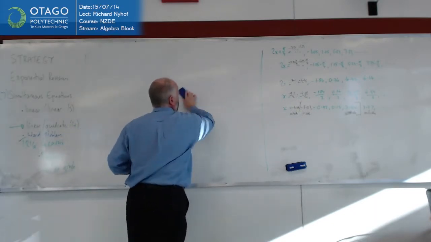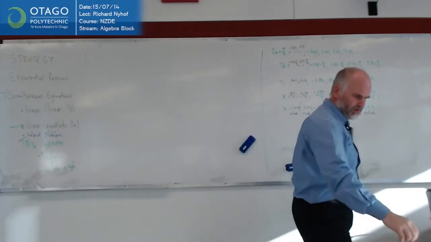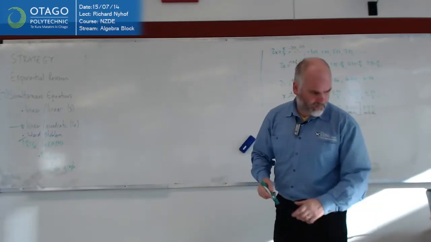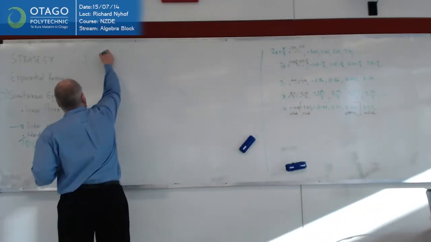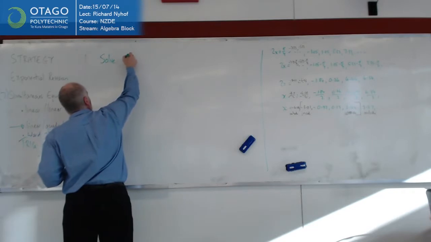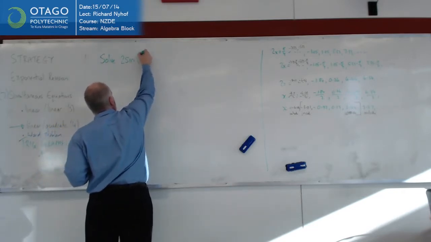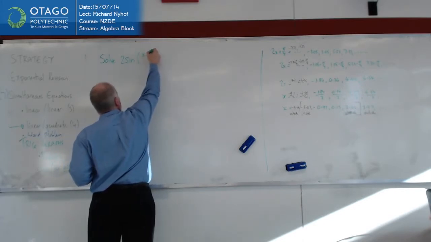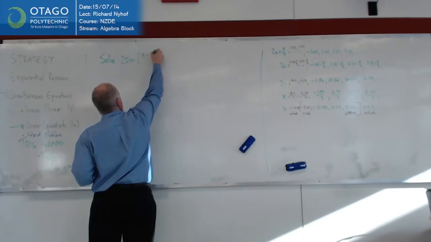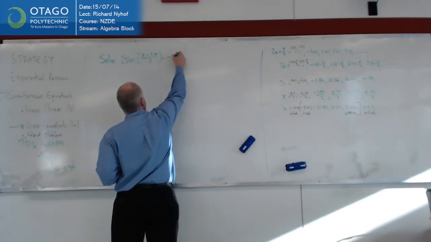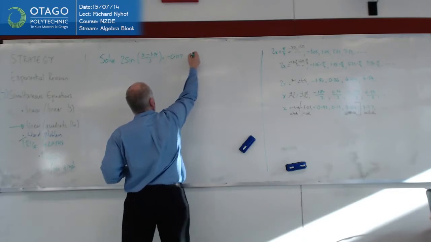Let's have a crack at it. Solve 2 sine of (x minus 1.34) over 3 equals negative 0.217.